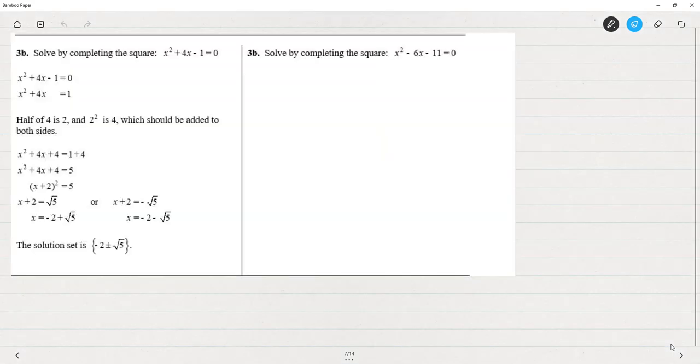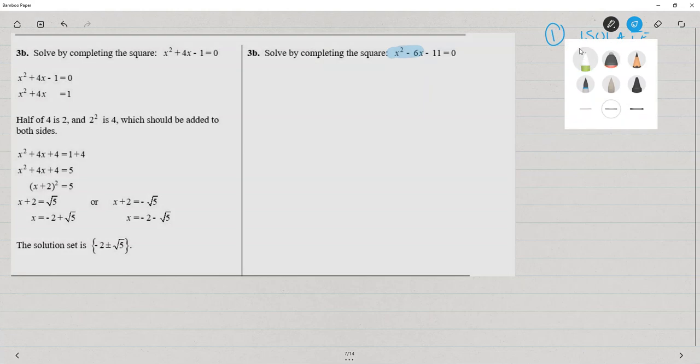Let's take this a step further and see how we'd actually solve. If we want to solve this x squared minus 6x minus 11 with the completing the square property, the first thing I want to do is isolate all the x's. Get all the x's on one side. So I want this x squared minus 6x on one side. So I need to move out that negative 11.